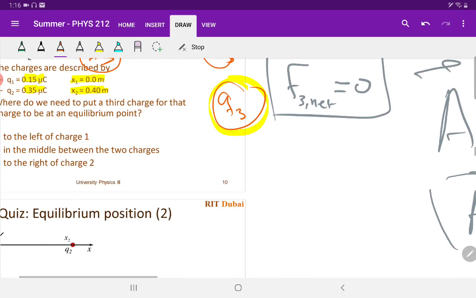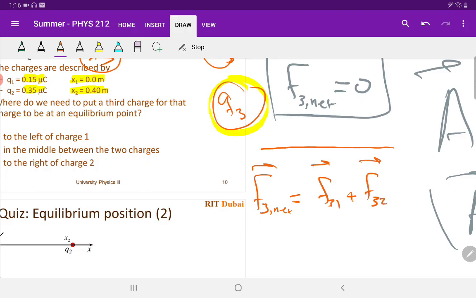And we know, in general, F3 net will equal F31 plus F32. Agree about this? If we place it anywhere in the space, the net force acting on the third charge will equal the interaction of the third charge with the first charge and with the second charge.